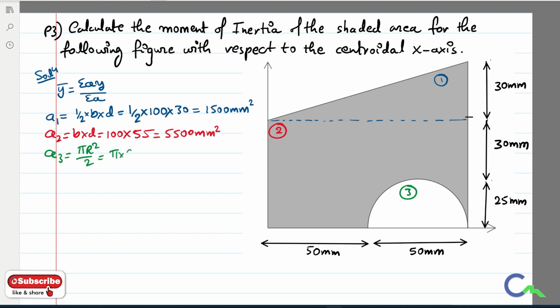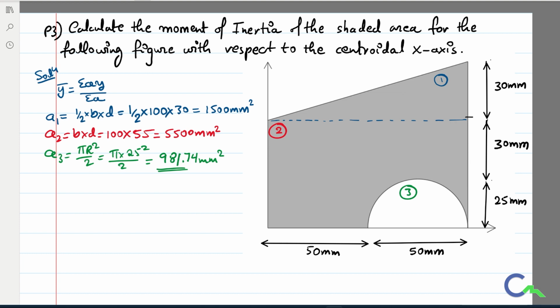So pi into radius 25, diameter is 50. Therefore the area we are going to get is 981.74 millimeter square.